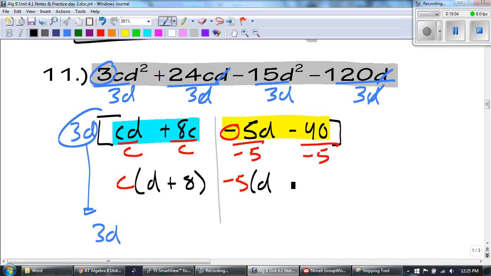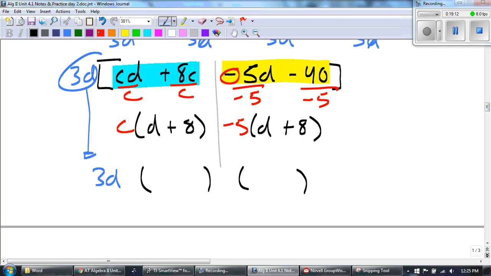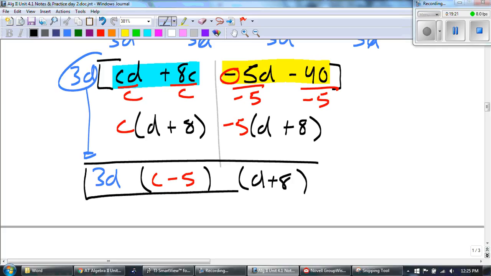D and the negative 40 divided by negative 5 is a positive 8. So my final answer, we take C minus 5 and then D plus 8. And don't forget about that 3D. Make sure that that is still in your answer.